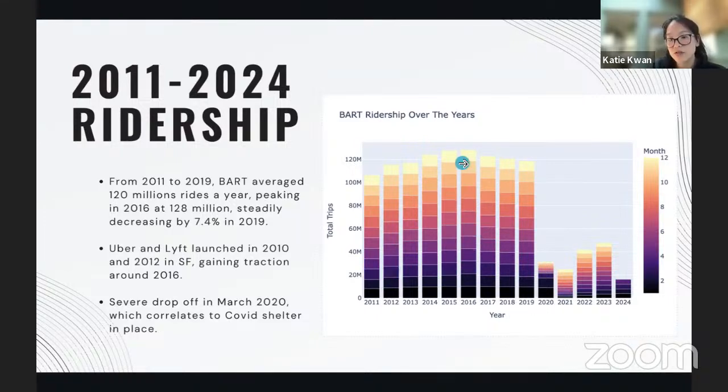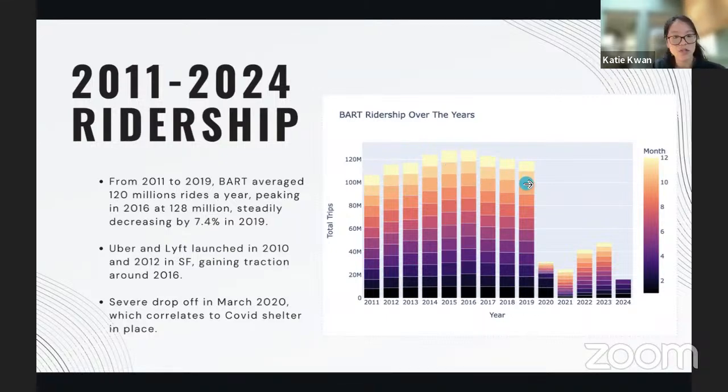We do see a peak at 2016, and it comes slightly down to 2019. So it was a bit of a surprise to see that we were still growing up until then. I think it takes a bit more studying to understand what the actual impact on ridership is. That's not really the point of this presentation, but I wanted to bring that in.